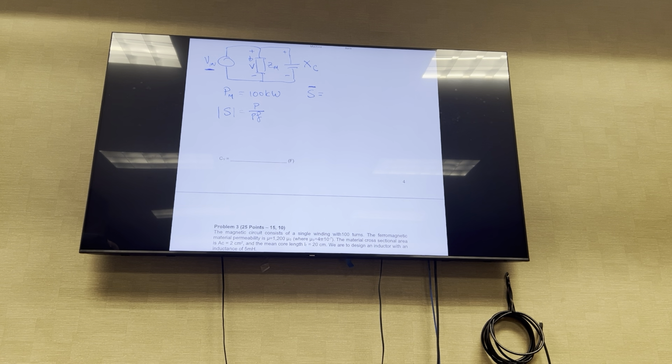Or I could write out this equation for S. S will be S magnitude times cosine of theta plus S magnitude sine of theta. And this here, of course, is the power factor.